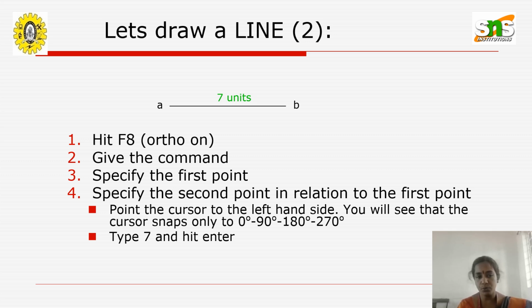Here we have used F8, which is nothing but the ortho mode. For example, if you want your line to be very straight, maybe for a vertical viewpoint or for a horizontal viewpoint, then you have to definitely turn on F8, which is the ortho mode. But if you want to draw one line straight and one line inclined, then you have to turn the ortho mode off.